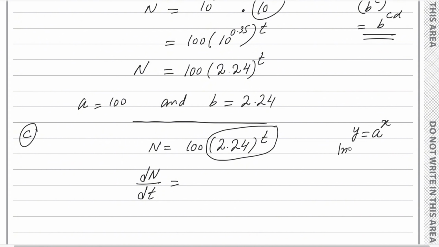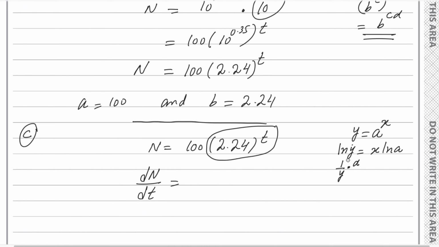What is the rule? We take log y equals, according to the law of logarithm, this power becomes a multiple of the log, so it will be x log a. We differentiate this function with respect to x. The derivative of the logarithm is always 1 over y.